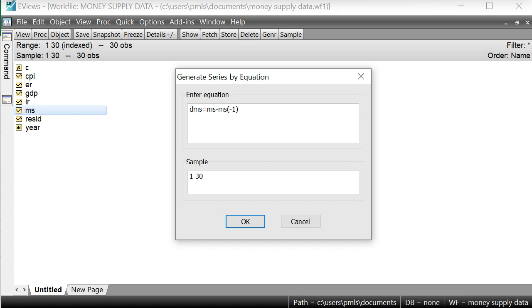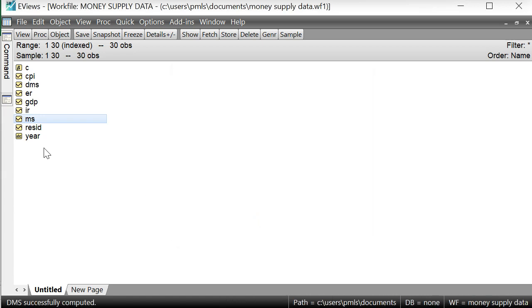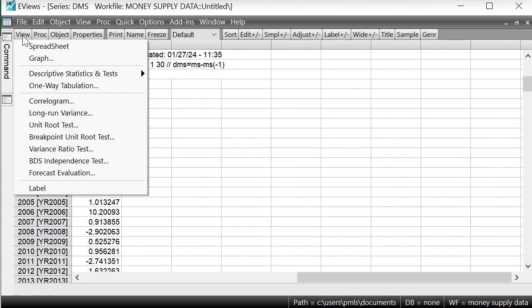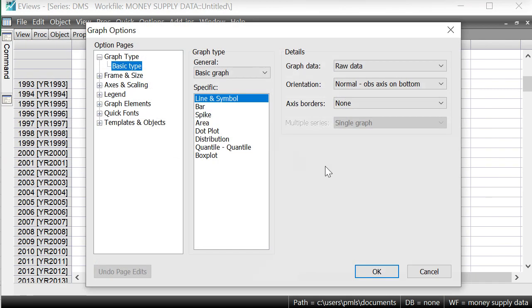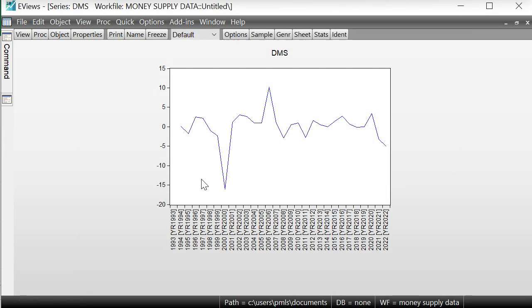This is the method to convert our series into stationary. DMS is the name, so MS minus MS(-1), first difference. Press OK. So a new series is generated. If you go to View and check the graph, now it is stationary. If you see, it is moving, not changing with respect to time. So this is the method.